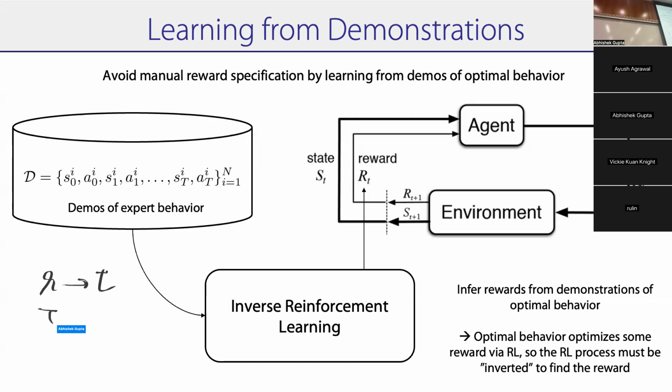Inverse RL goes from trajectory to reward. RL takes in a reward, optimizes, and gives you an optimal policy. The optimal policy gives you expert traces, optimal behavior. What inverse RL says is, you're given the expert behavior, try to find the reward that explains this expert behavior. So that's why it's inverse.